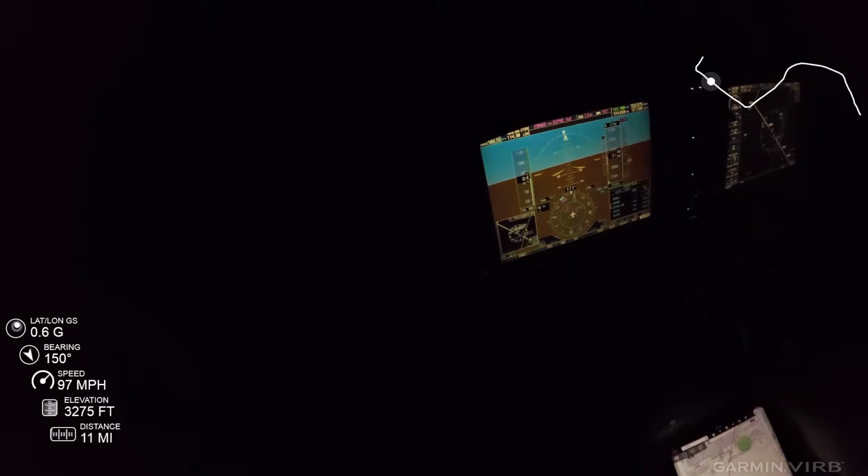We want to go to 2,000. At 2,700 and down a little bit. 2,900. Level off at 2,700.